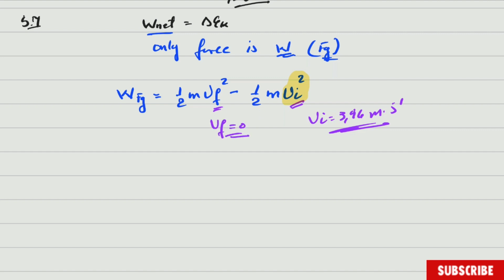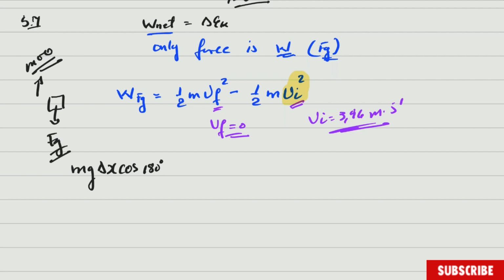Alright, saying that, guys, we can calculate all this. It's not difficult anymore. We have mass multiplied by acceleration due to gravity, multiplied by displacement, multiplied by cosine of theta. In this case it is 180 degrees. Remember, the object is moving up and the gravitational force is pointing down, so the angle is 180 degrees.